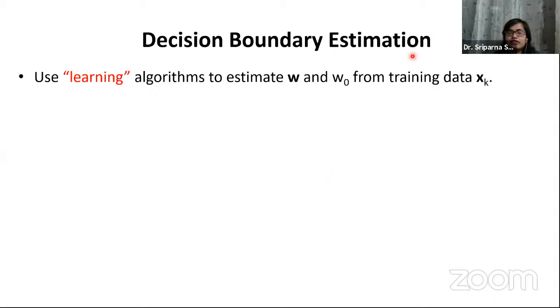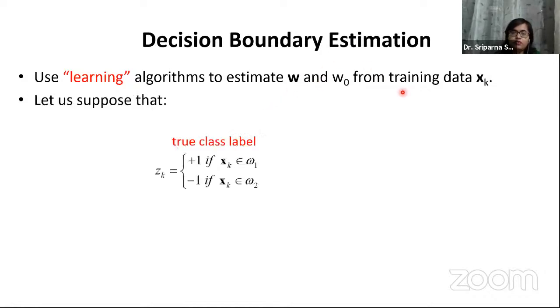Suppose for one particular XK of the data, we need to estimate W and W0. Let us suppose ZK will be plus 1 if XK belongs to W1, that is class 1, and minus 1 if XK belongs to W2, that is class 2. These are the true class levels.